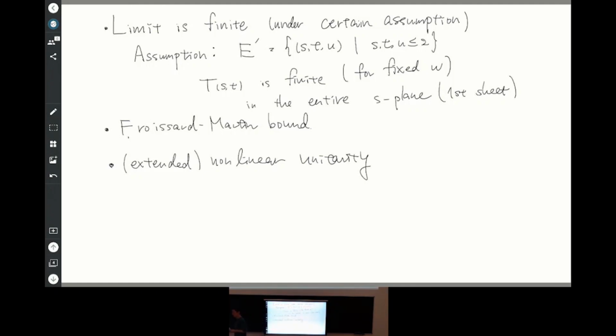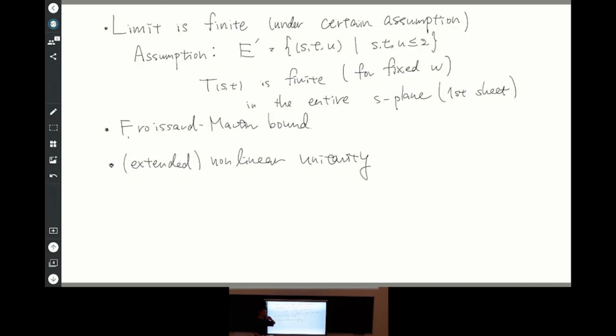If you don't know what extended means, you can just drop it, and what they showed is nonlinear unitarity. But if you know what extended means, it deals with the situation in which the branch cut doesn't start directly from the two-particle threshold.